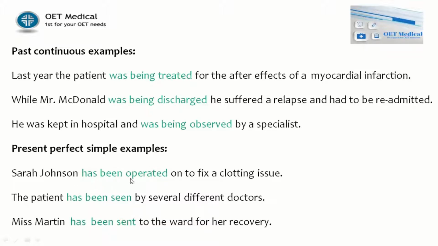Sarah Johnson has been operated on to fix a clotting issue. The patient has been seen by several different doctors. Miss Martin has been sent to the ward for her recovery. Who's doing these things? We don't know. We don't care. It's not important. If it's important, we make the sentences active.